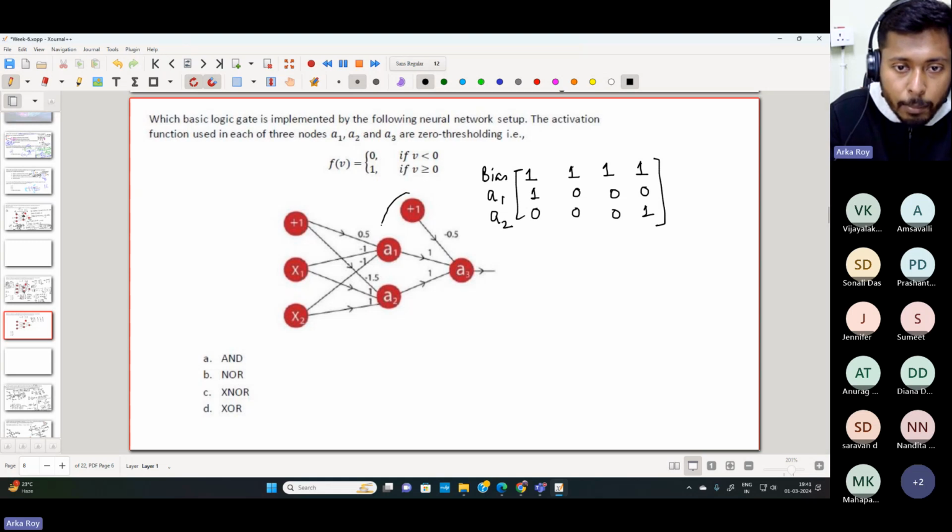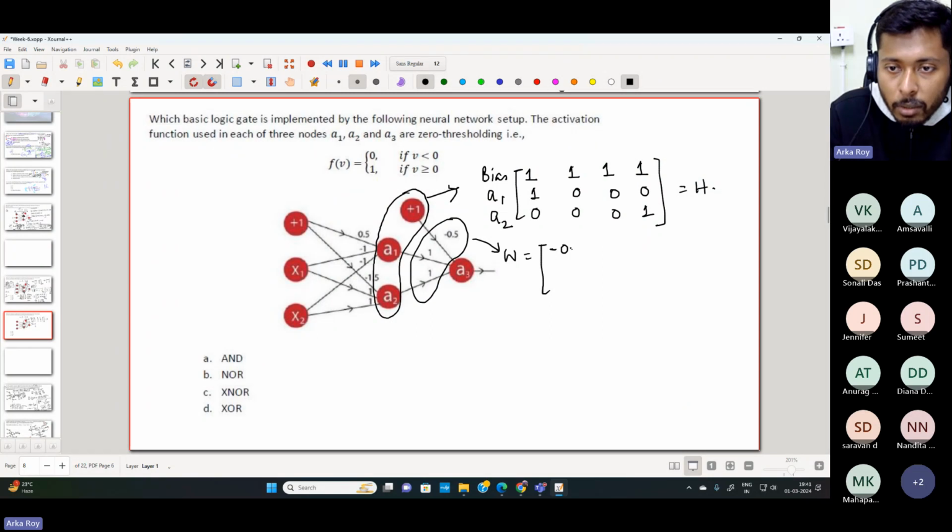So this basically represents this particular thing. Now let me rename it as H. And now we need the weight values. So this weight value will come from this one. I can write it as minus 0.5, 1 and 1.